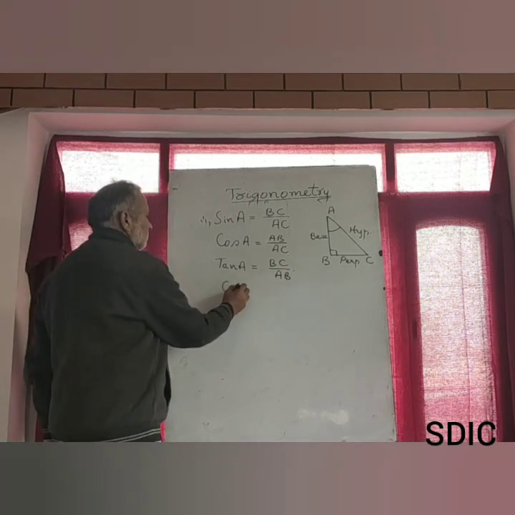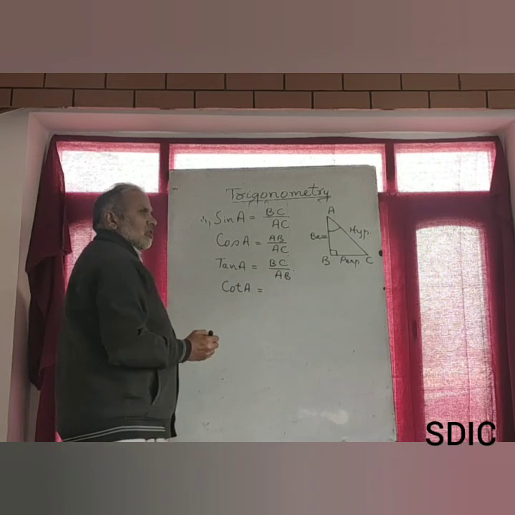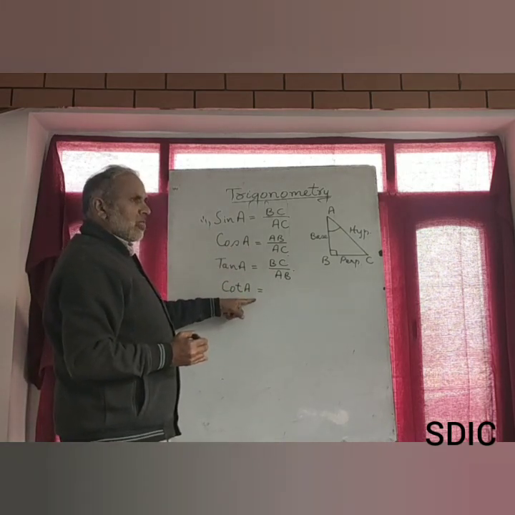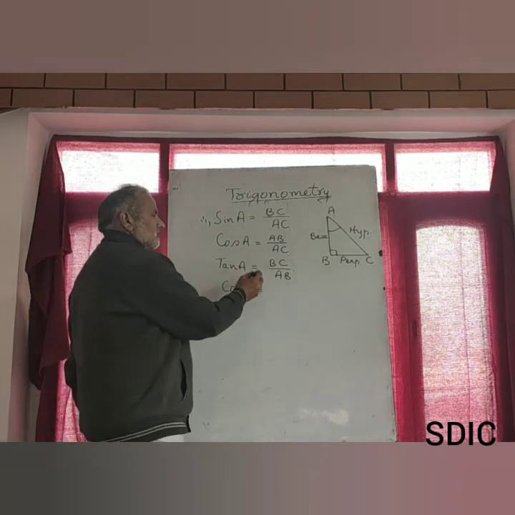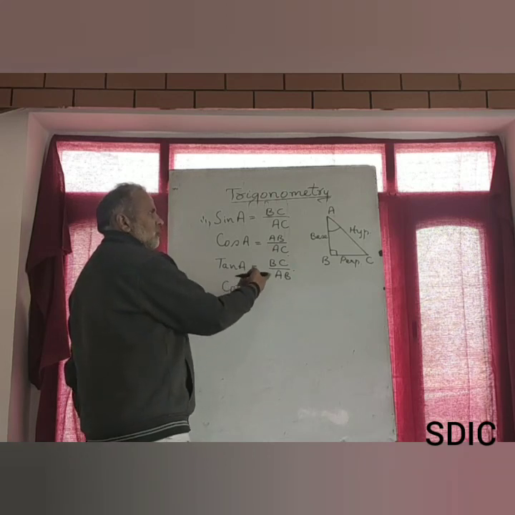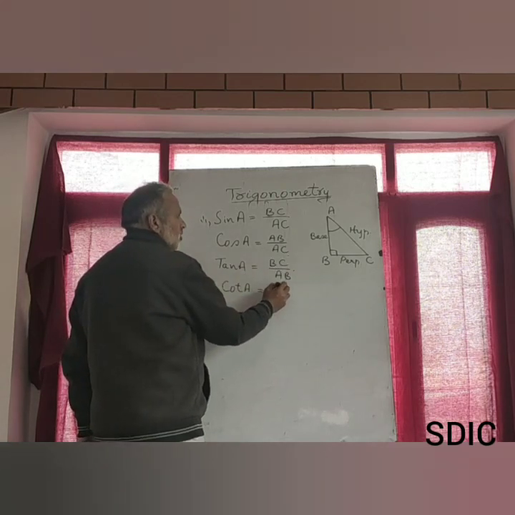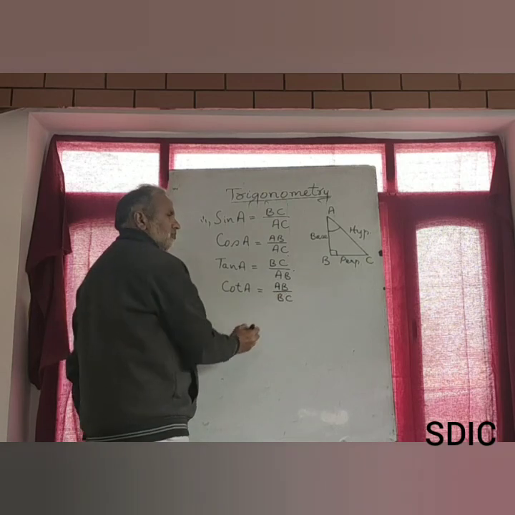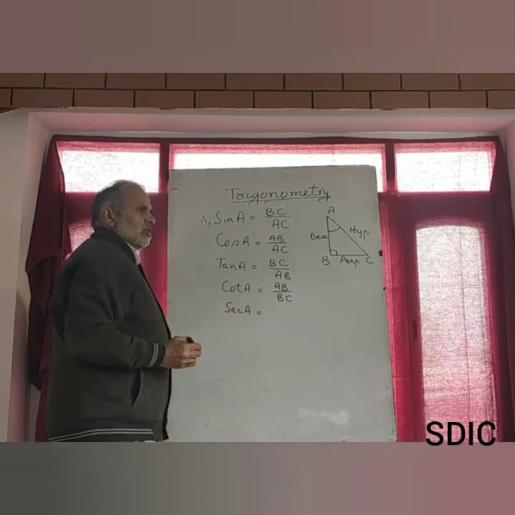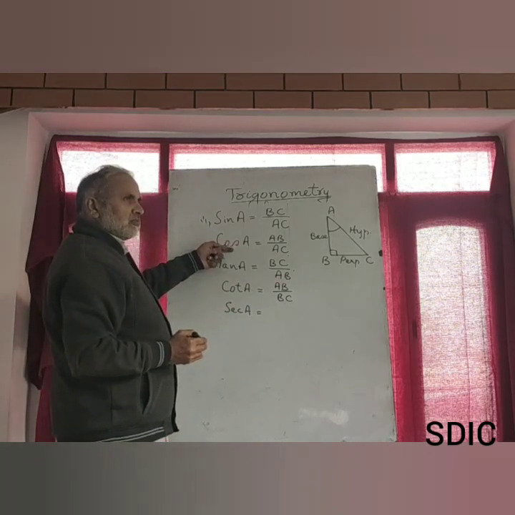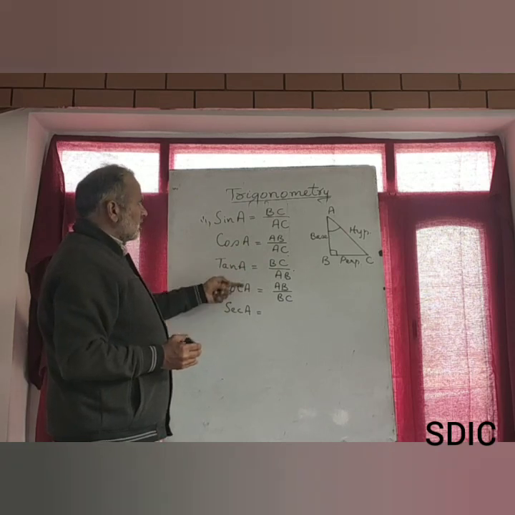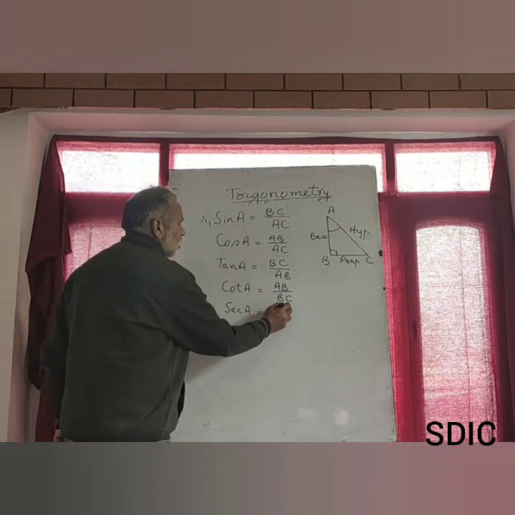Cot A is the reciprocal of tan. It is therefore base by perpendicular. Tan is perpendicular by base, reciprocal will be cot, base by perpendicular, thus it is AB by BC. Sec A, sec being the reciprocal of cos, cos is AB by AC, and the reciprocal will become sec, which will be AC by AB.